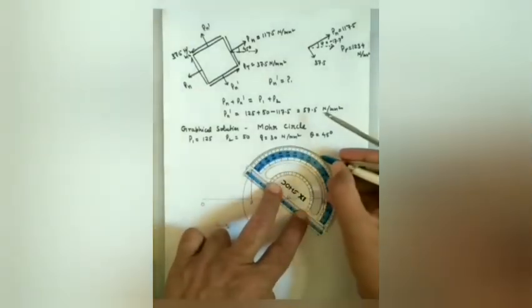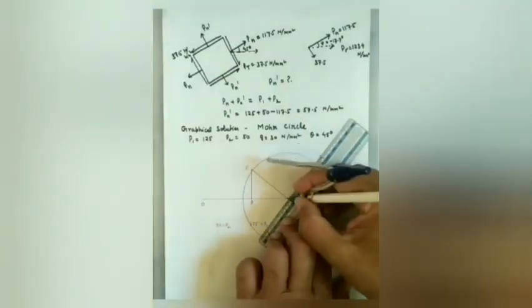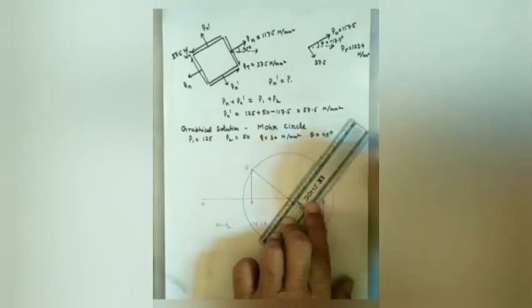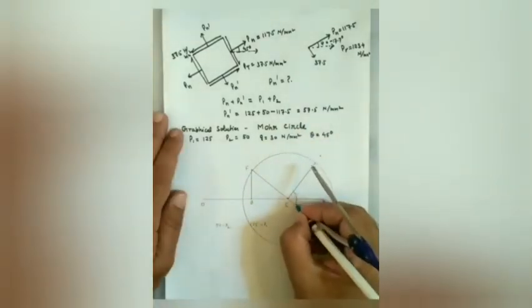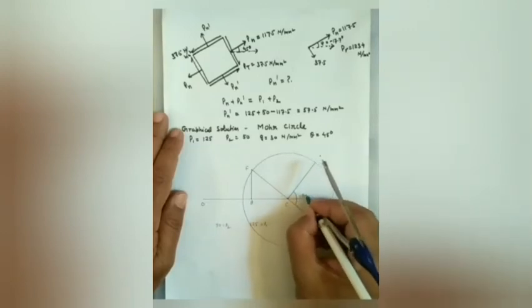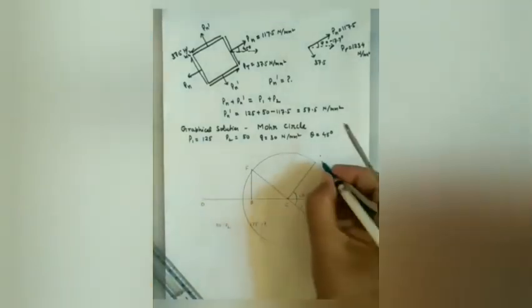Now let us draw a line which is at 2 theta from the line CZ. This angle is 90 degrees, that is 2 into 45, since the angle of inclination is 45.